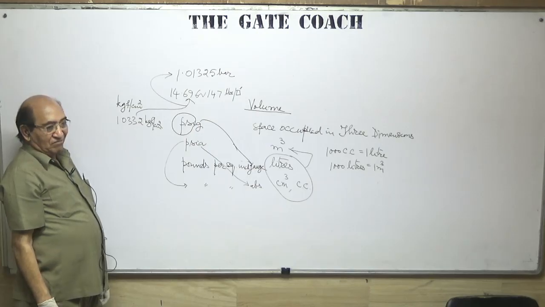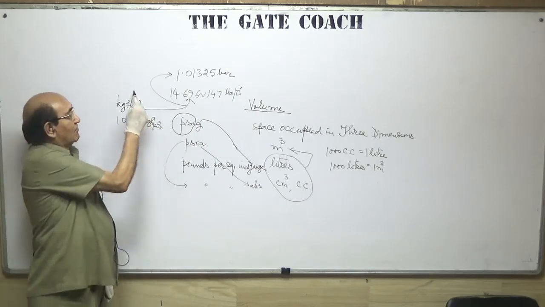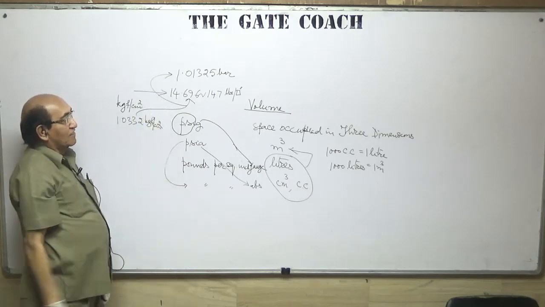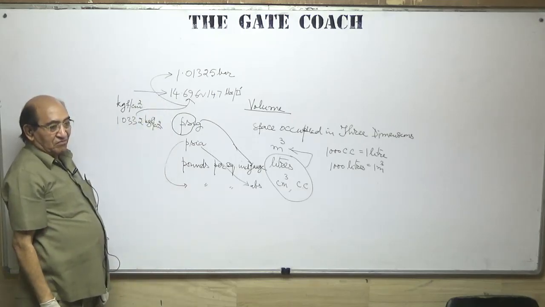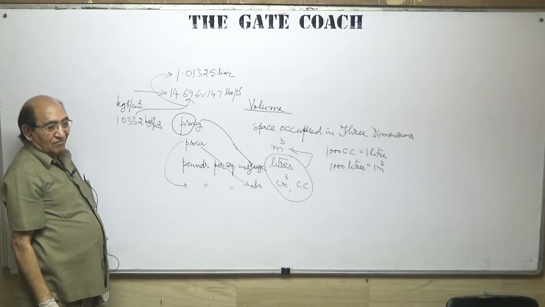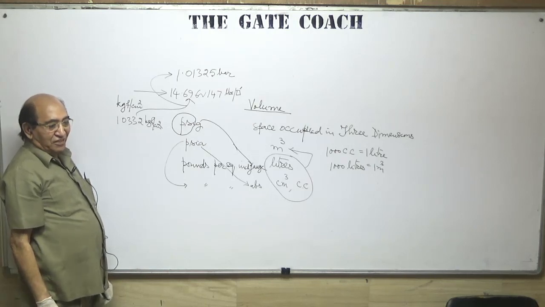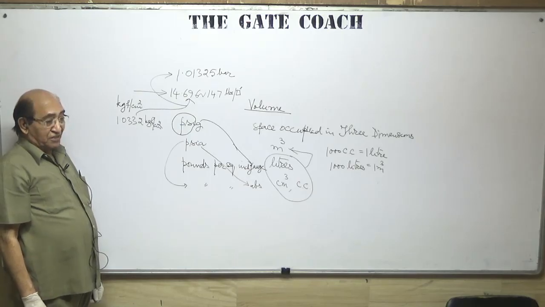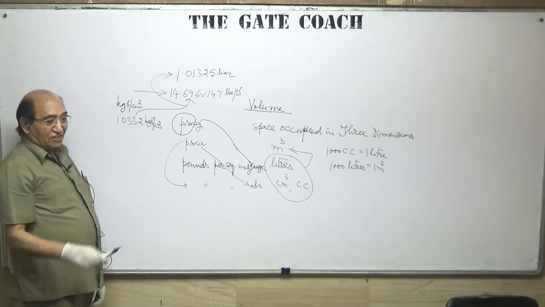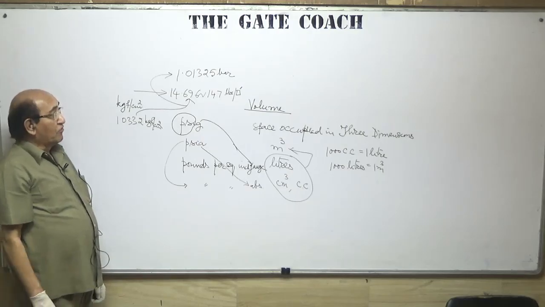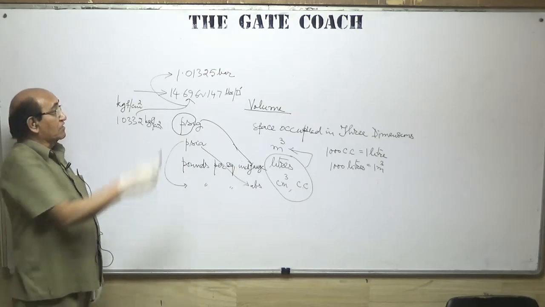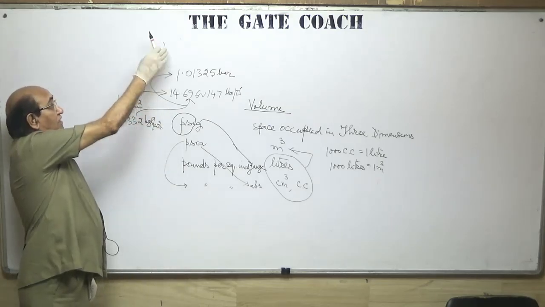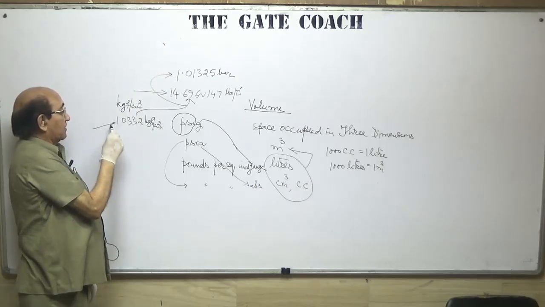In our time, we used to study in FPS system. I graduated in the year 1966 when we had everything in terms of pounds per square inch. That year 66-67, from FPS we changed to MKS, and I started teaching in terms of kgf per centimeter square.